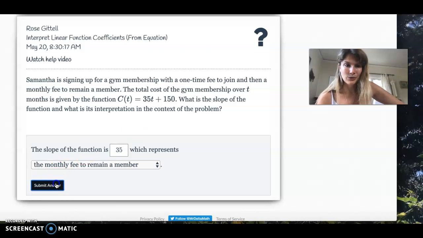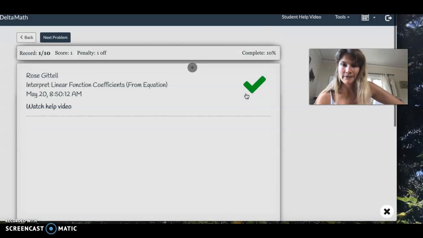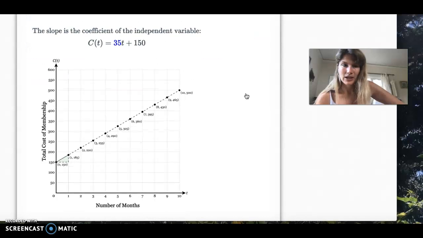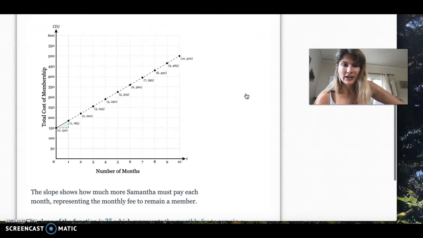Okay, let's do one more together. Cool. So you can see this is a good representation, because you can see, okay, when she first joins the gym, the total cost of membership is just the 150, the amount she has to pay to join the gym.